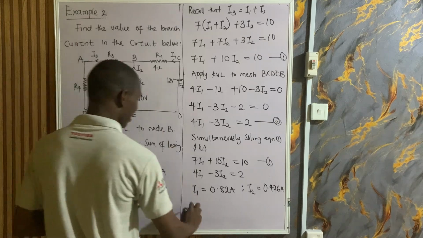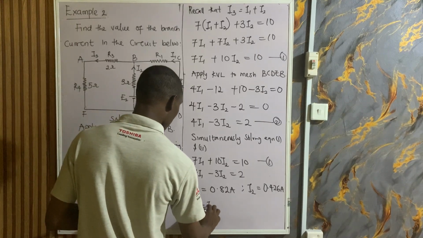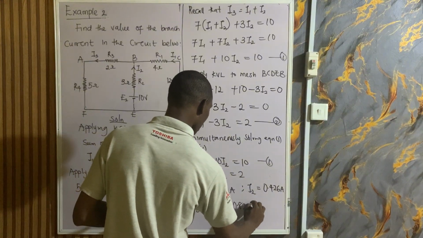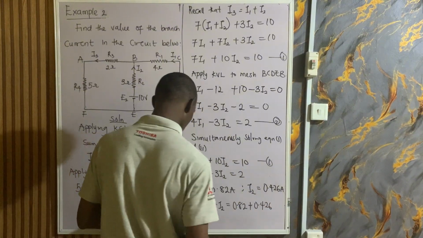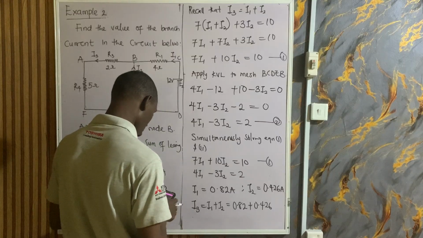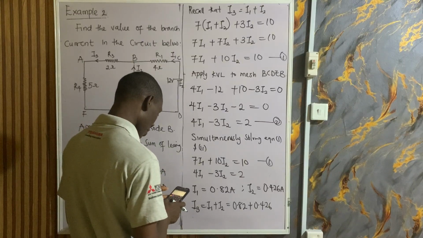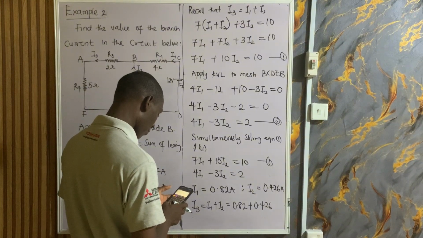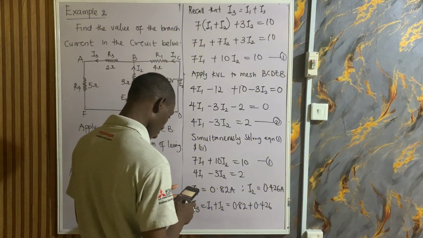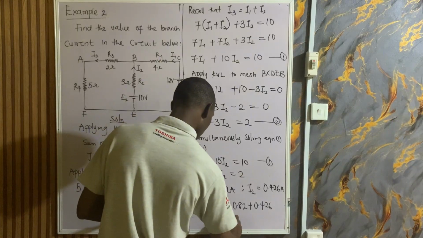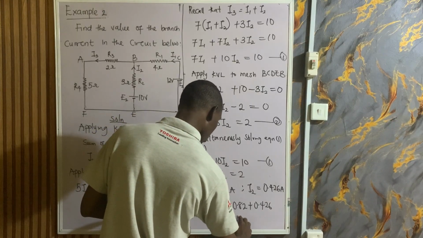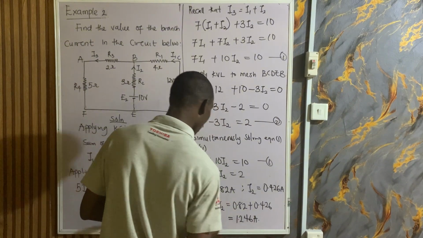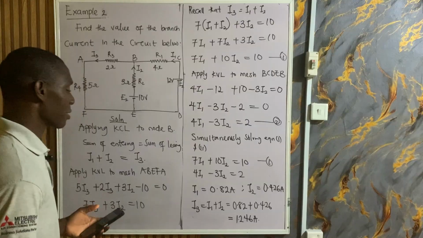But recall that I3 is I1 plus I2. So that will be 0.82 plus 0.426, which will give us 1.246 ampere. So that's that for this question.